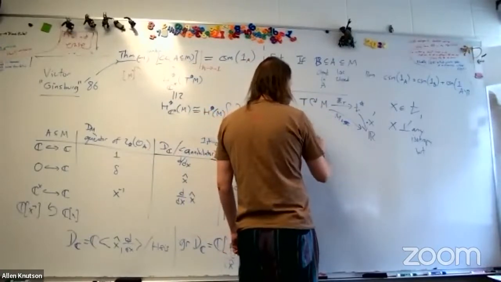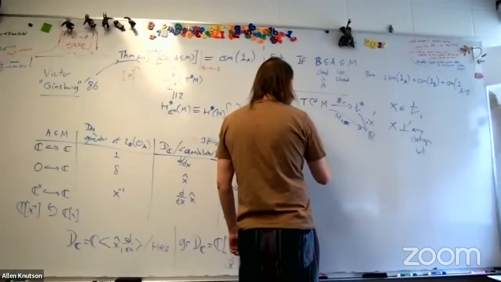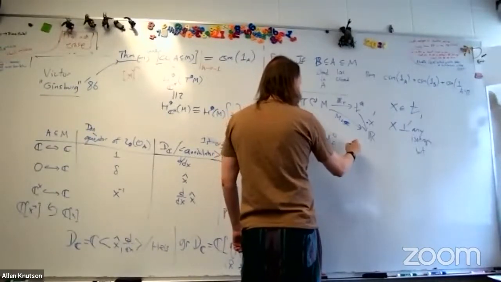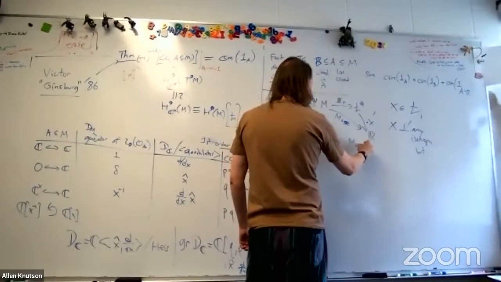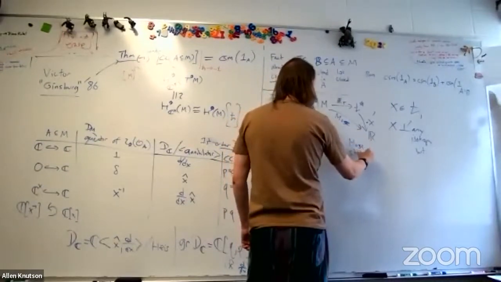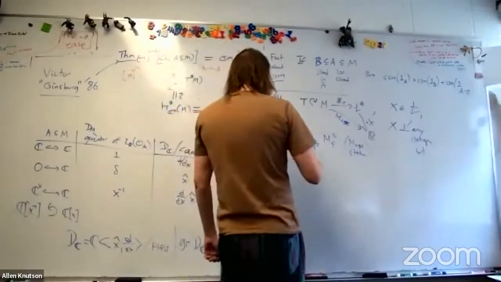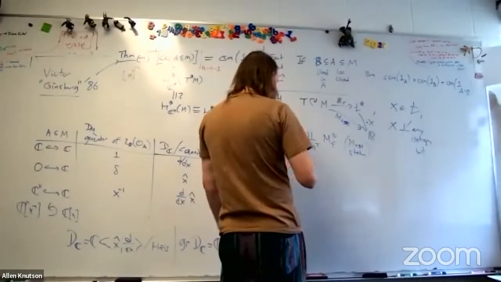M will be the disjoint union over F in the fixed points of the Morse stratum. So what is it that I want to compute?